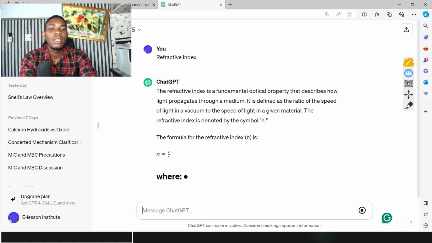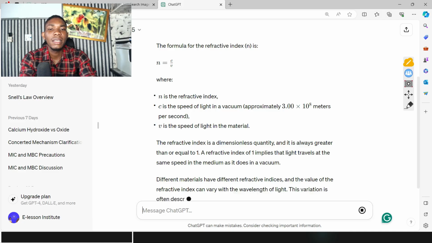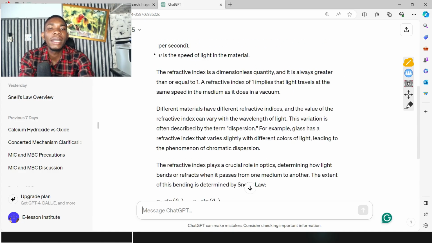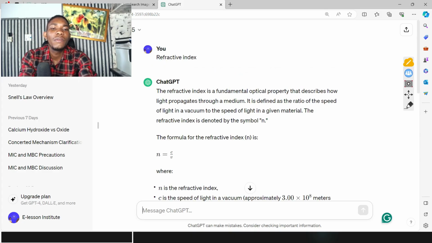Now, the refractive index is a fundamental optical property that describes how light propagates through a medium. This is the only thing you should write, but don't write everything here. Just write the definition and then the formula. It is defined as the ratio of the speed of light in vacuum to the speed of light in a given material. The refractive index is denoted by the symbol n.